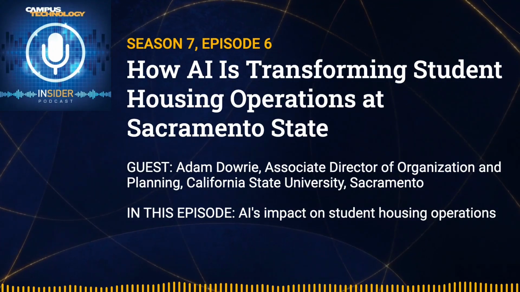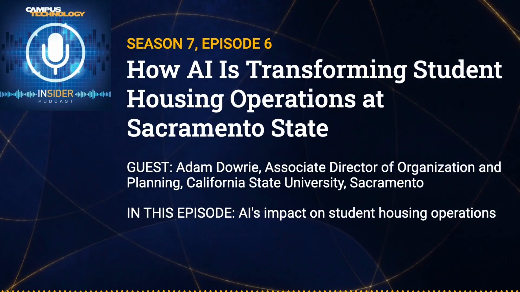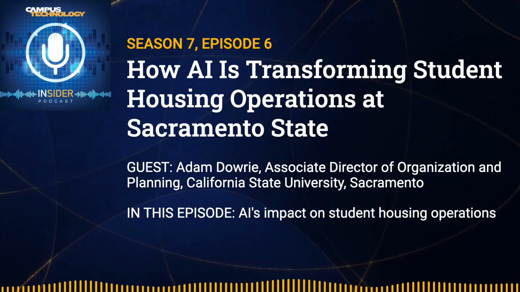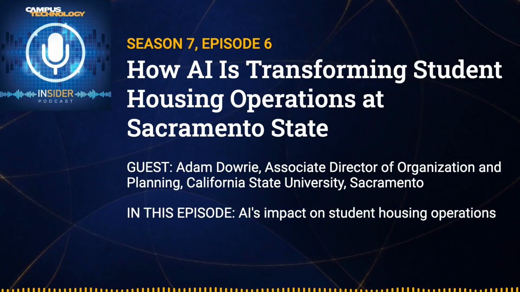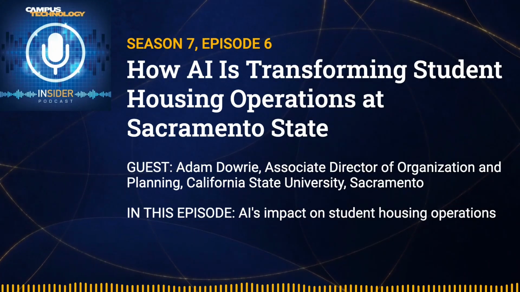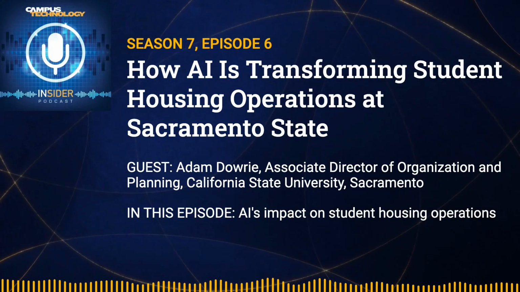And then the last thing that I think is really cool, that I think a lot of institutions could benefit from, is they're working to roll out analytics with an AI component. So looking at historical data to inform decisions that are going to be made down the road.